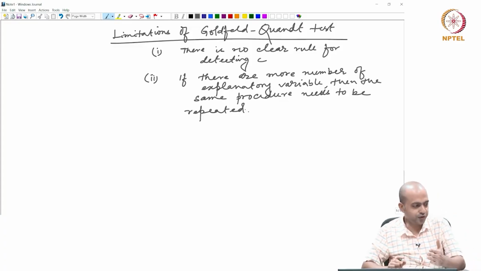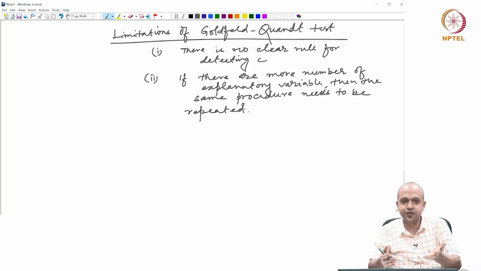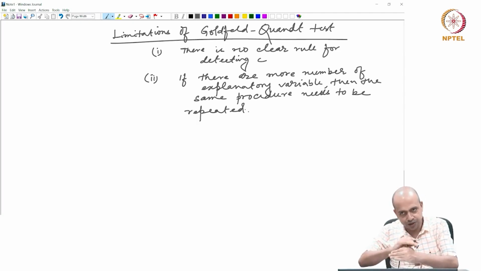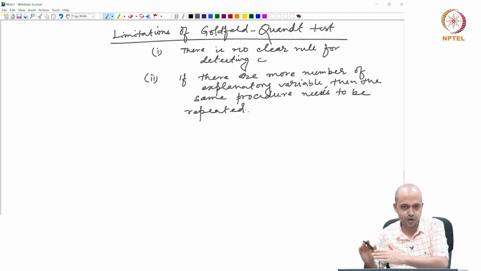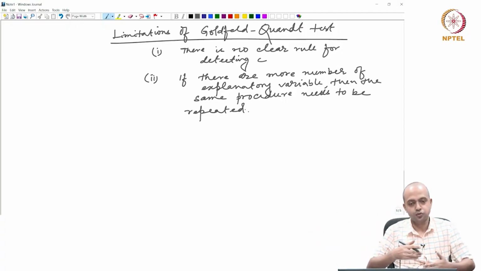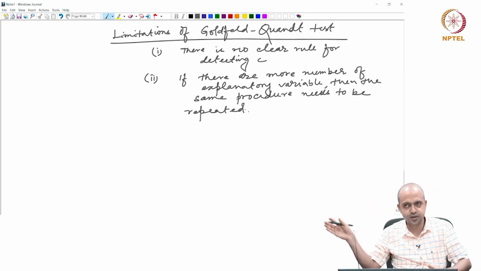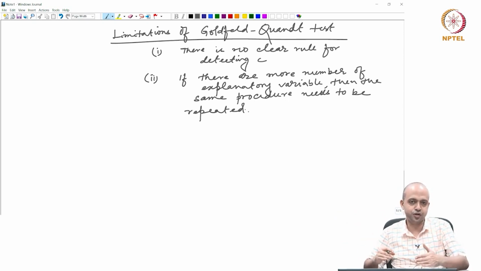Here I have only one explanatory variable x, that is why it is very simple. I arrange x, delete the central C observations and run two different regressions. But suppose I now have x1, x2, x3, x4 and x5. Then I have to arrange by each of these x variables, delete central observations and run separate regressions. So, the process would be very time consuming.